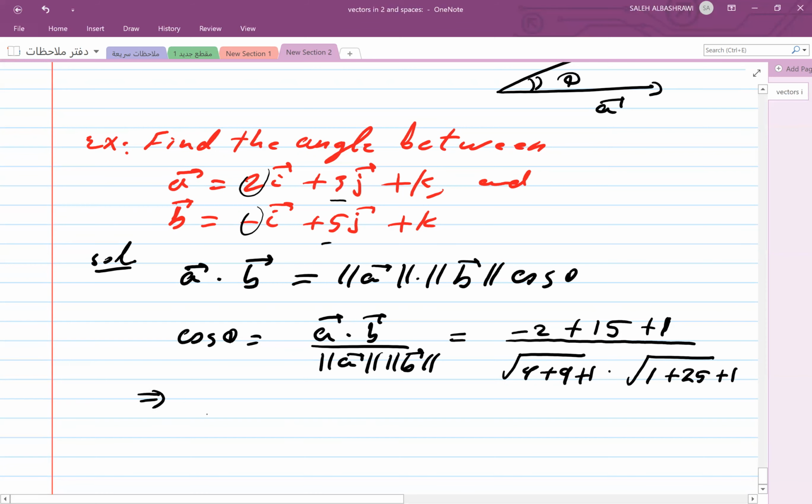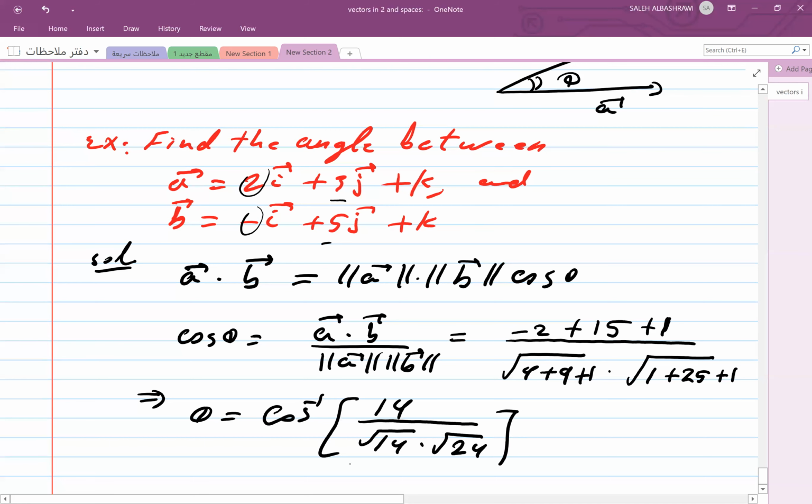So this will give me theta is equal to cosine inverse of minus 2 plus 15 plus 1, that will be 14, divided by square root of 14 multiplied by square root of 27. This will give me the angle between the two vectors A and B. So this form is used to find the angle between two vectors: cosine theta equal to A dot B divided by magnitude of A multiplied by magnitude of B.